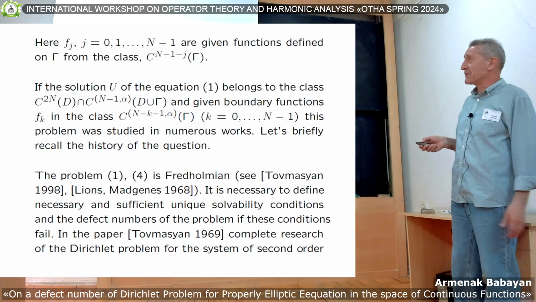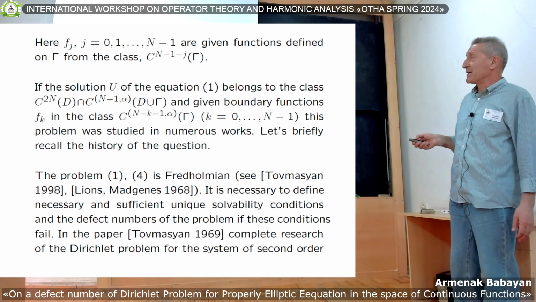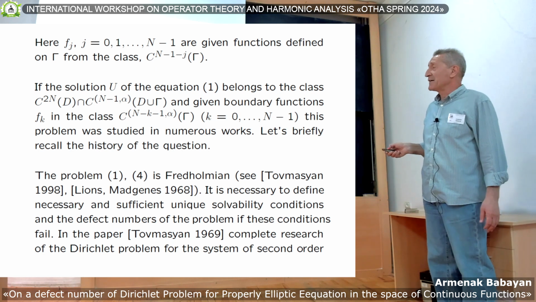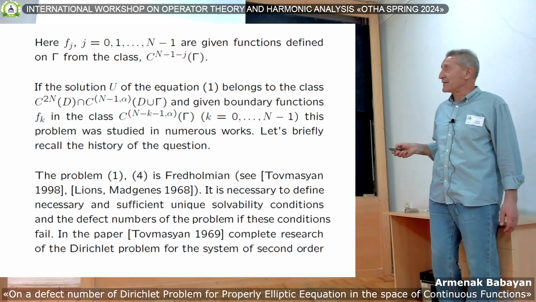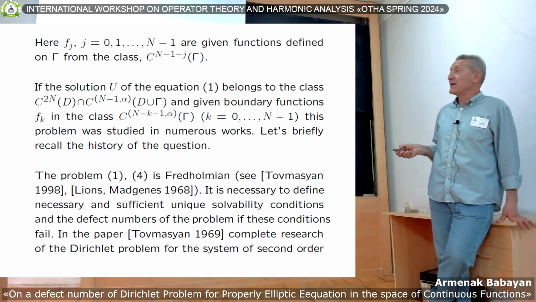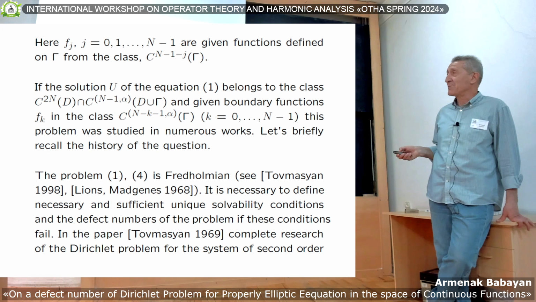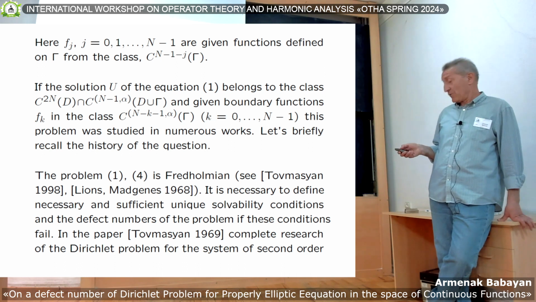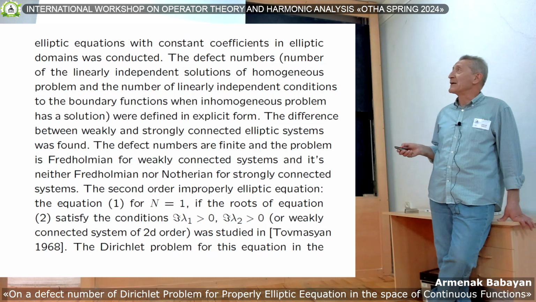We say some results. The first is in the paper of Tovmasyan, 1969, in Differential Equations. In this paper, a complete research of the Dirichlet problem for a system of second-order elliptic equations with constant coefficients in elliptic domains was done.